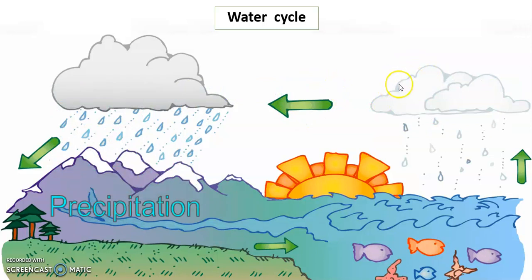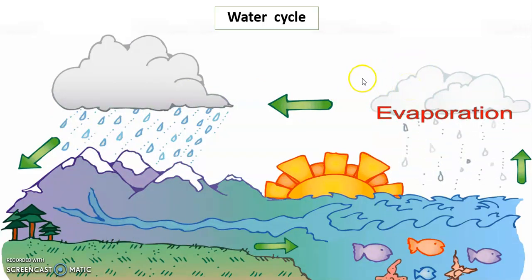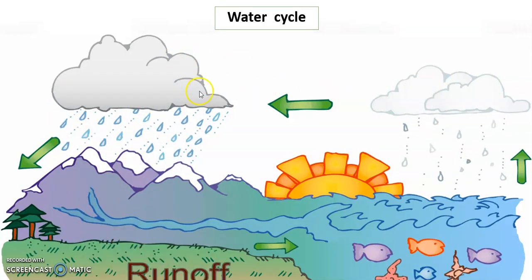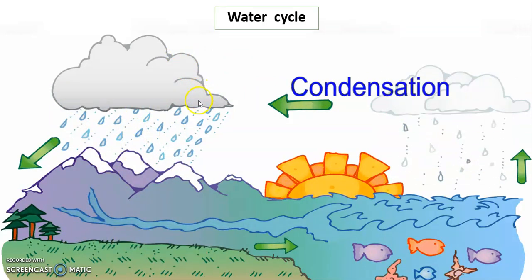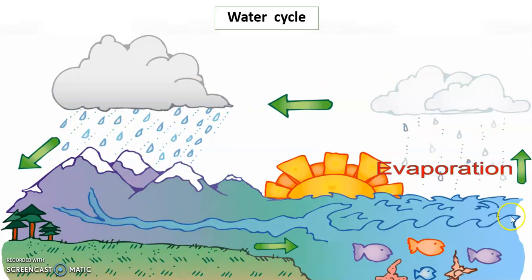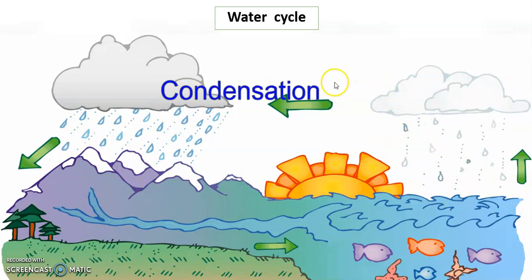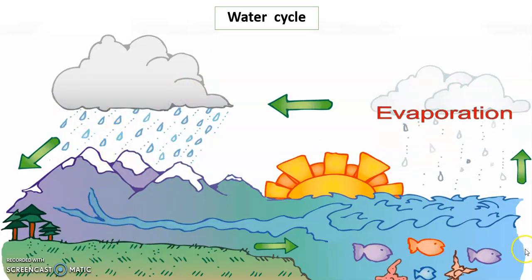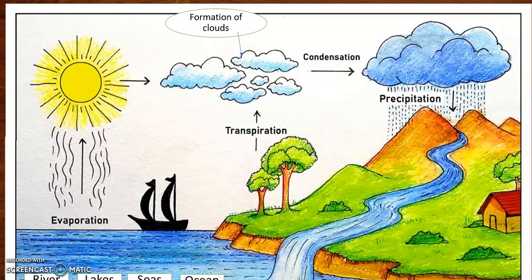Then after that, when the clouds are heavy, that is precipitation, and it becomes rain. So again, number 1, evaporation. Number 2, condensation. And number 3, precipitation. So again, this is the water cycle.